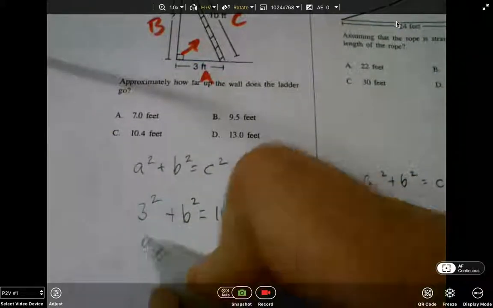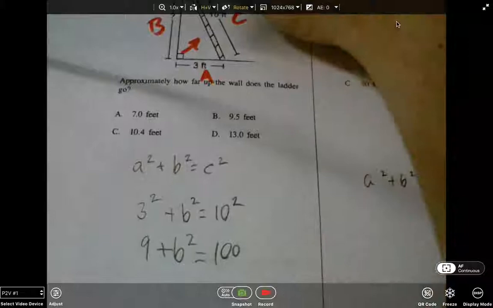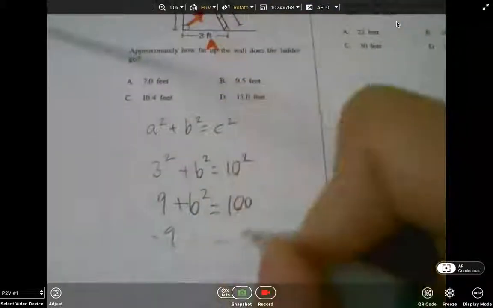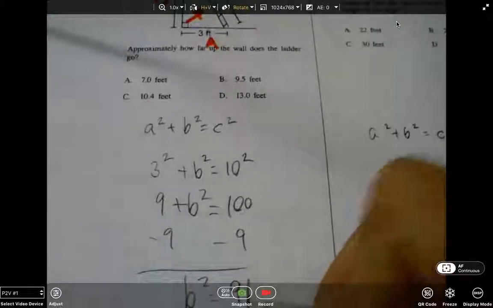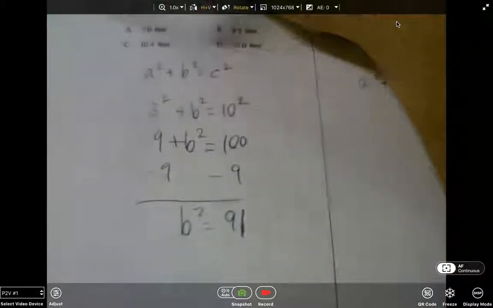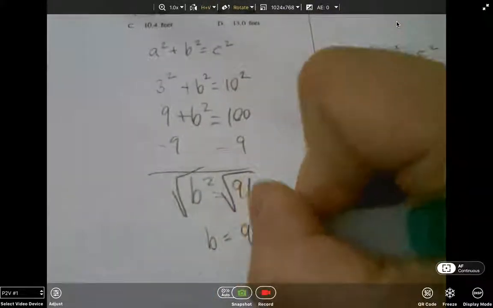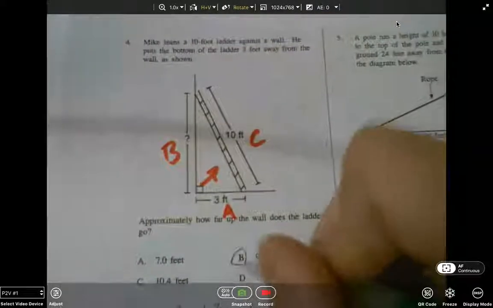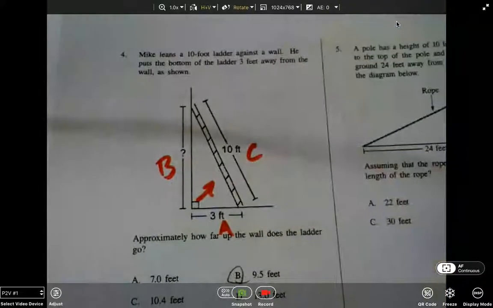So I get 9 plus b squared equals 100, and minus 9 on both sides, I'm left with b squared equals 91. The last part is to square root both sides, and I get b equal to 9.5, which is B. So it is 9.5 feet up the wall.